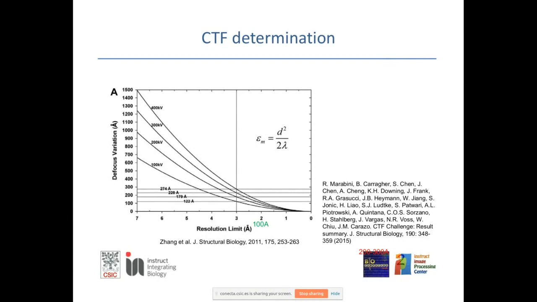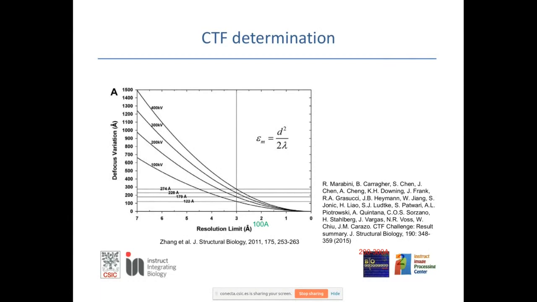If you compare different algorithms for CTF estimation, in this paper we compared different algorithms in the CTF challenge, and the error range between different programs was somewhere between 200 and 300 angstroms.